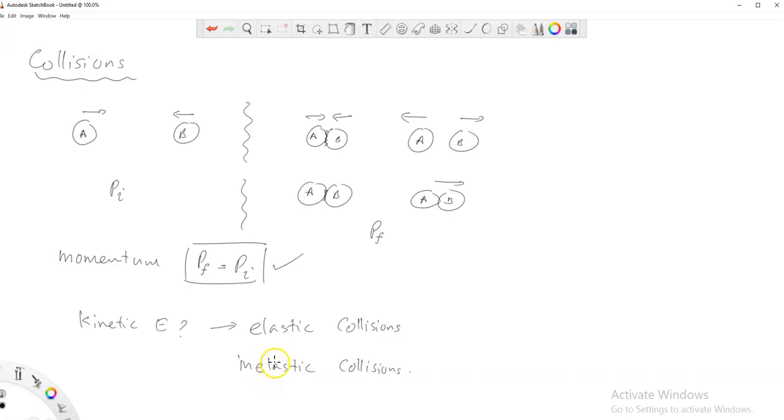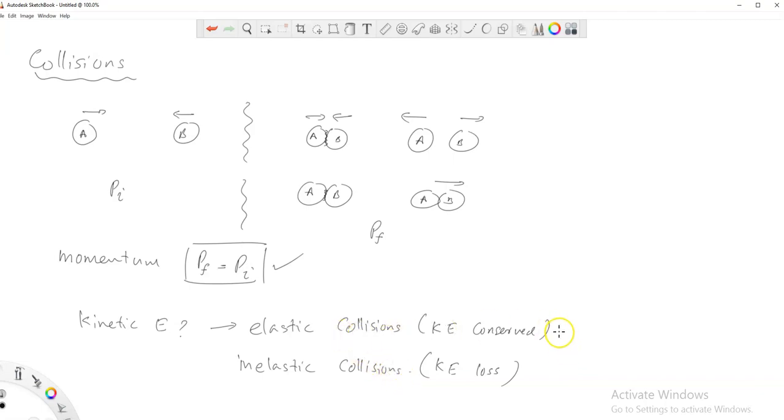But when it comes to kinetic energy, in elastic collisions, kinetic energy is conserved. There is a kinetic energy loss in inelastic collisions.